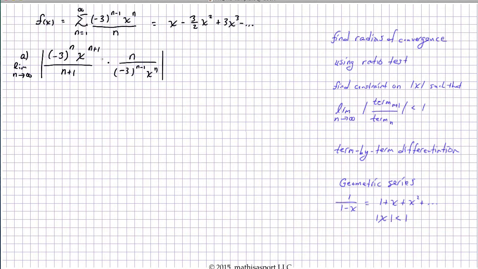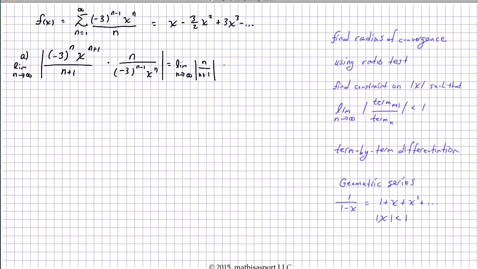We're going to separate this out into a couple of different terms here. Let's write it this way. We've got the n over n plus 1 constraint. We can talk about the absolute value of that.